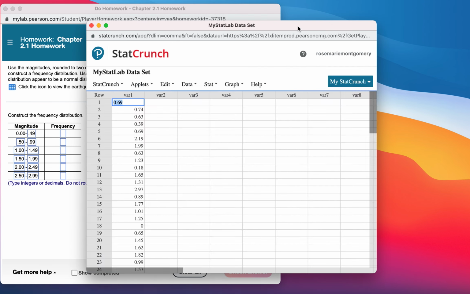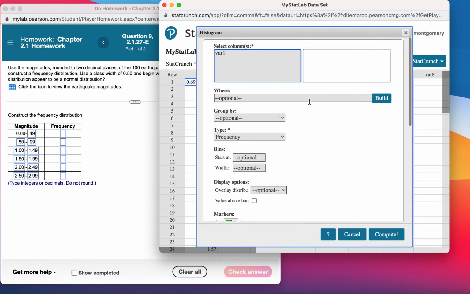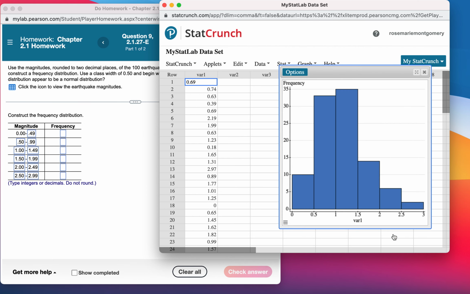I'm going to select Graph, Histogram, and I'm going to select this column to select the data, and the bins are set up with our class width, so that starts at 0.00 and the class width is 0.50, and we hit compute and we have our frequencies.